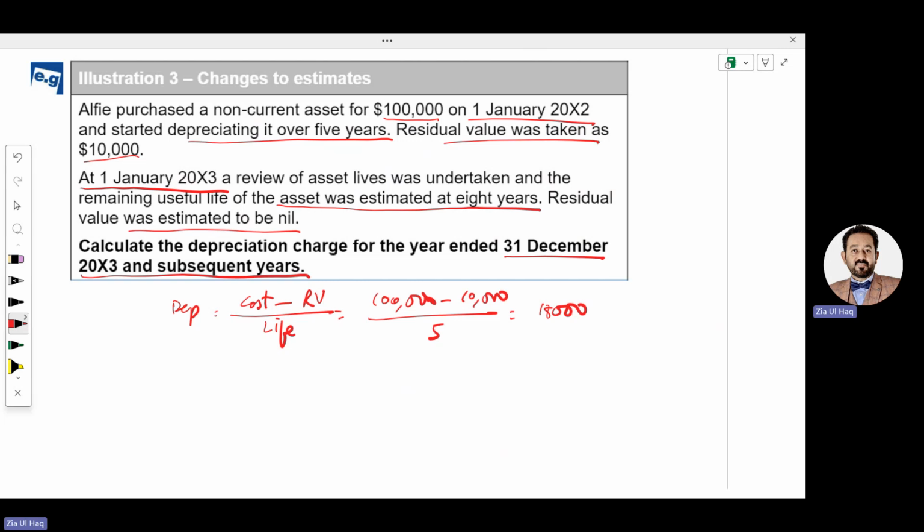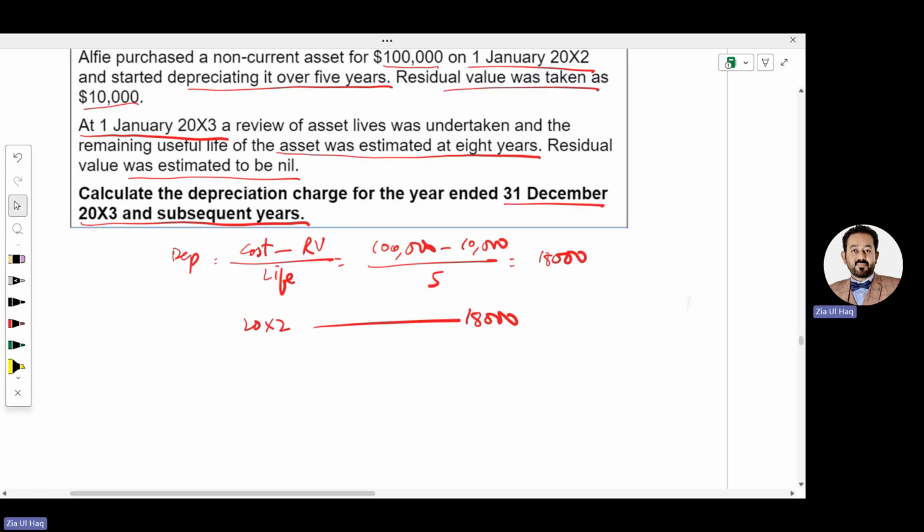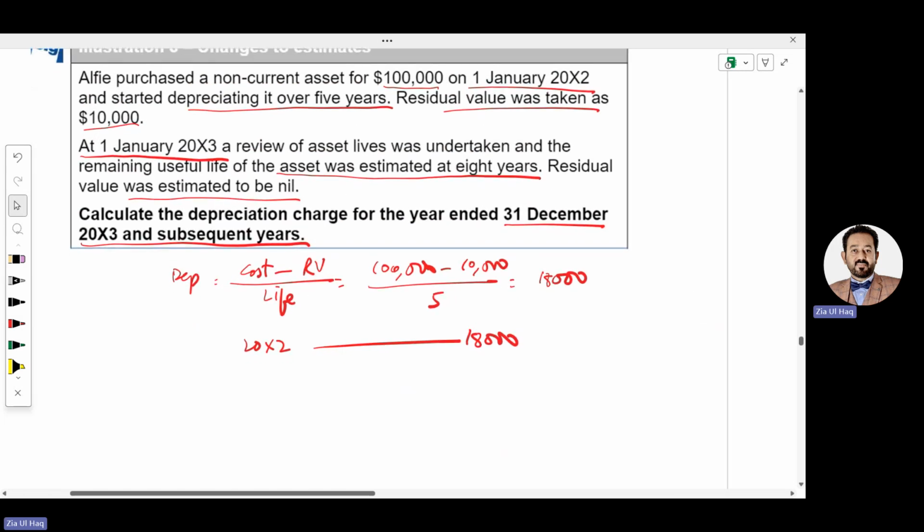So for 20x2, the depreciation will be 18,000. For 20x3, we need to calculate again because now the life is 8 years and no residual value. So how will we calculate? Carrying value less residual value over new life.